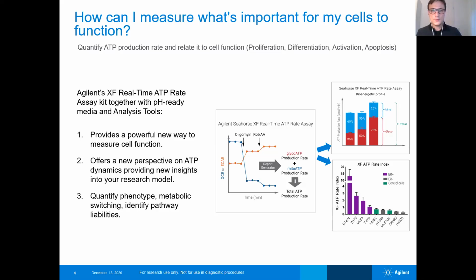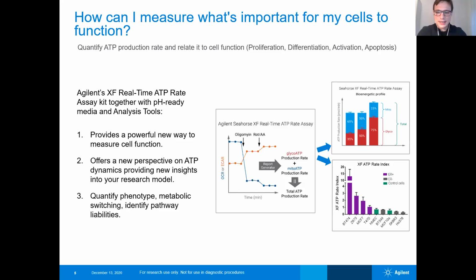Then we use the rotenone antimycin A effect and the mitochondrial respiration determination from that to subtract from what we see in acidification the mito-acidification. This is all the CO2 produced in the mitochondria, secreted into the medium, which also acidifies the medium. If we subtract that, all that is left in the acidification should then really be the glycolysis of the cells.